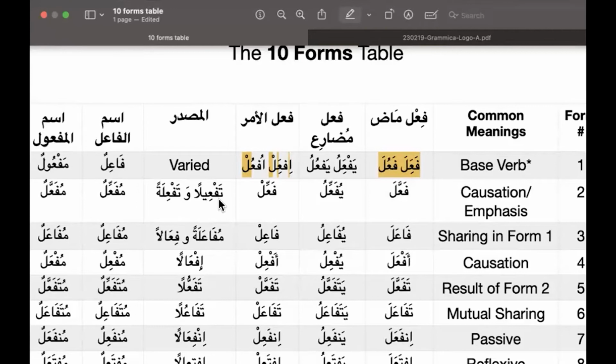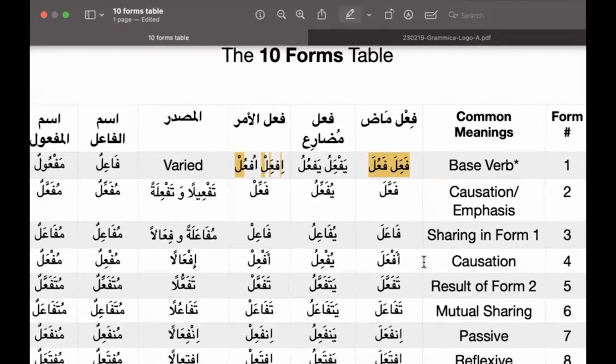And anzala yunzilu inzal, the same thing, to make something come down, or again, to reveal. Something that is revealed is munzal. So you have two verbs, nazzala and anzala. They both mean to reveal or to send down.